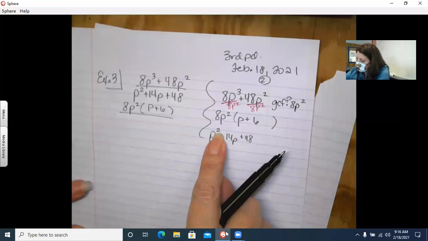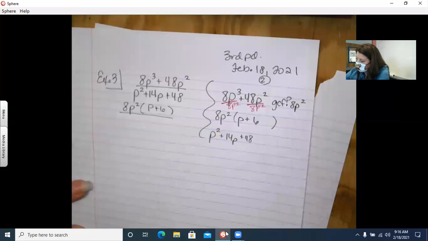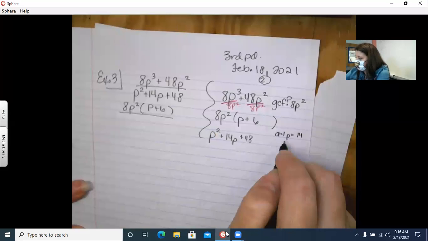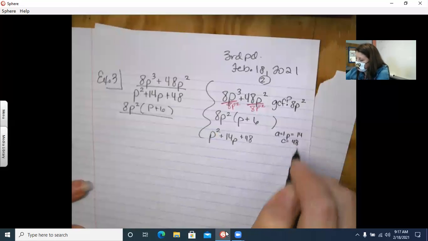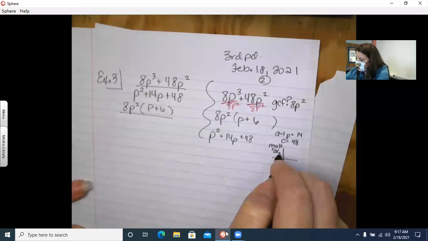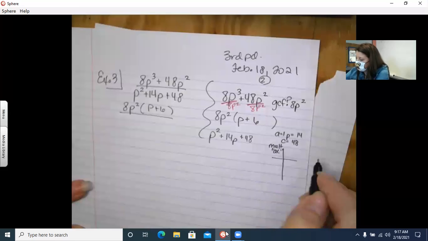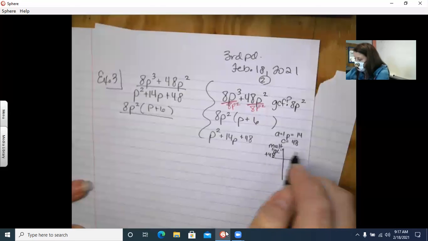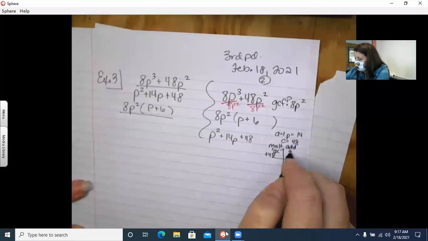What is A equal to? What's B equal to? What's C equal to? So my little T-chart, on the left side, you need two numbers that multiply together to give you whatever A times C is. In this case, that would be positive 48. And on the right side, you want two numbers that add together to give you B, which is 14.